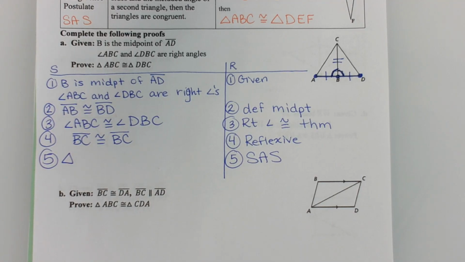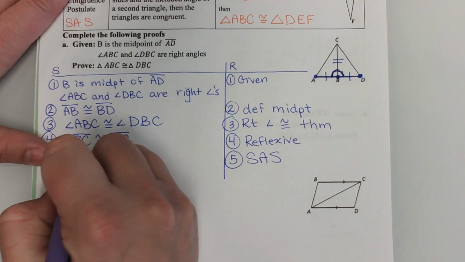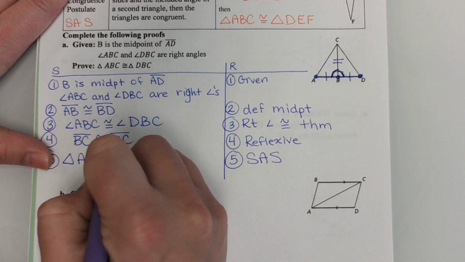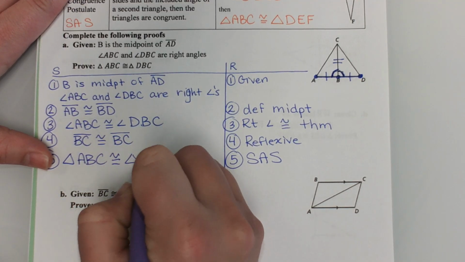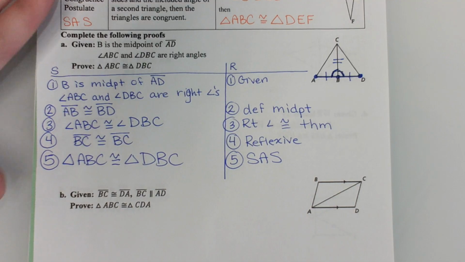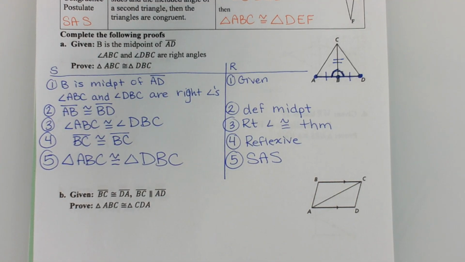Look at what it says you're trying to prove: triangle ABC is congruent to triangle DBC. It tells me, for now, what to put in my proof. If you're not sure, you match up the parts.